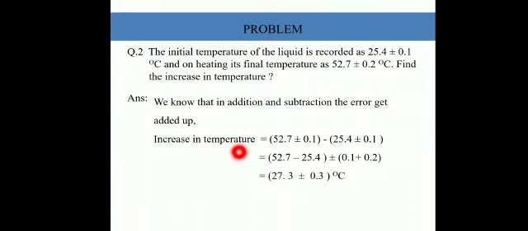So the change in temperature is actually 27.3, but there could be a different value when we get the result, because we have error in the initial temperature and the final temperature. This should actually be 0.2 here. So 0.1 plus 0.2, the final answer will have an error of 0.3 degrees Celsius.